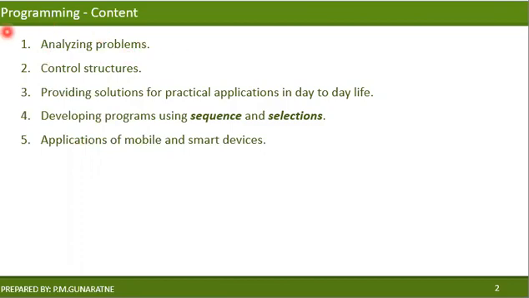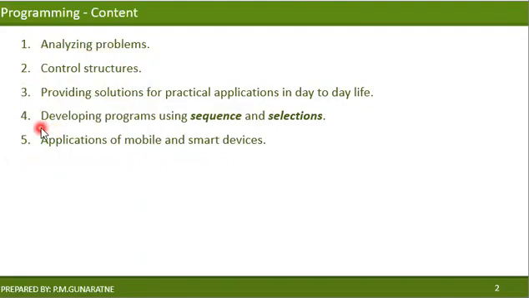In this lesson, we are going to cover these 5 subtopics. First, how to analyze the problem, right? Then, what are the control structures that appear in a program? Then, providing solutions for practical applications in day-to-day life.